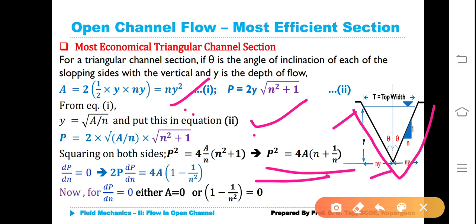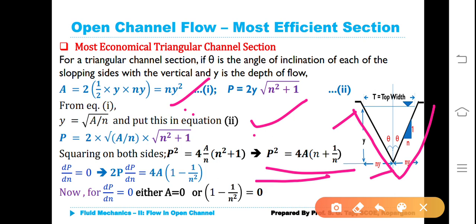Now, dP by dn is equal to 0 is the condition for the most economical section, which implies 2P multiplied by dP by dn is equal to 4A multiplied by 1 minus 1 upon n squared. You know the derivative of 1 upon n is equal to minus 1 upon n squared.